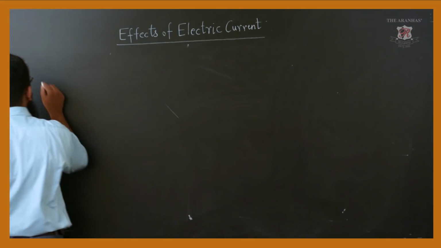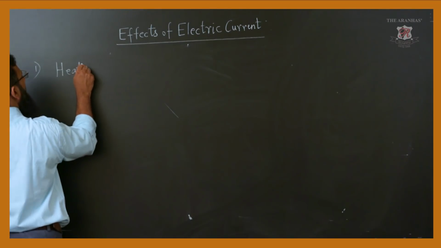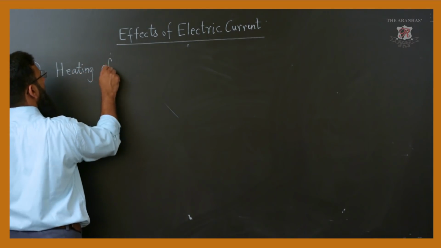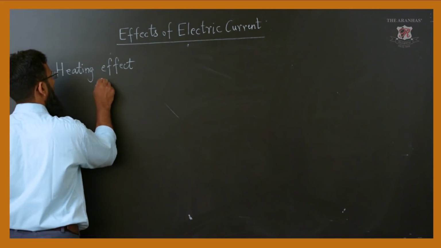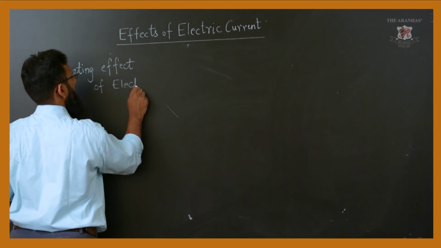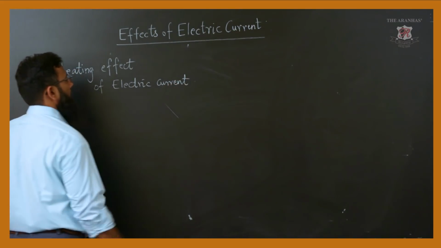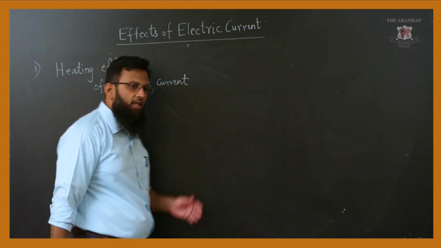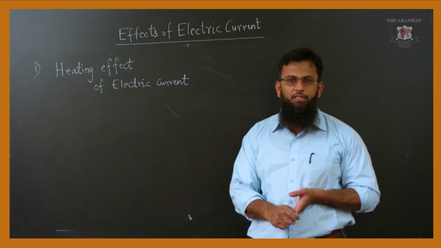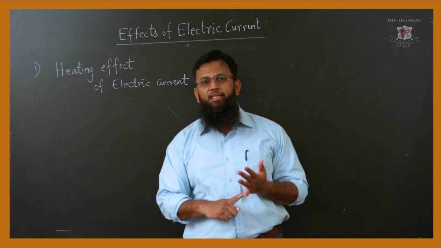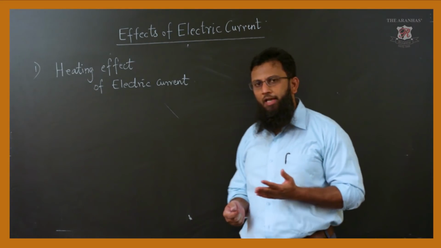So, our first case is heating effect of electric current. Now, question arises, where is this concept applicable? Let us first count those appliances where this principle is used, heating effect of electric current.